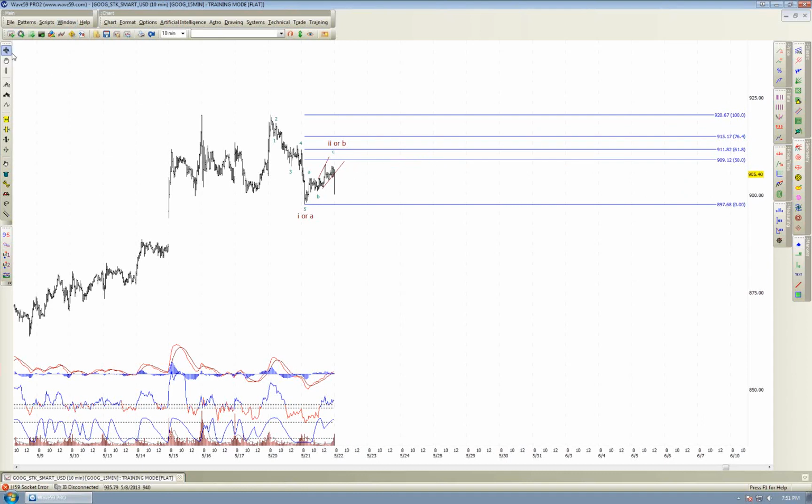So it does look like the C wave is complete. We're breaking down in a big way here. And now that we have a wave 1 and wave 1 or A and wave 2 or B in place, then we can add our next fib set to give us targets as we move down.